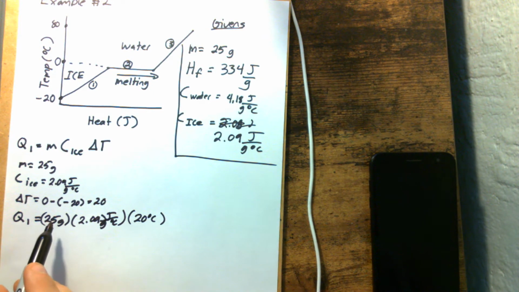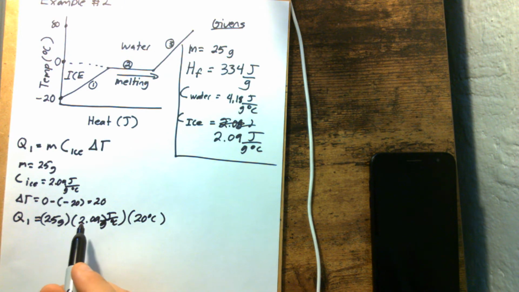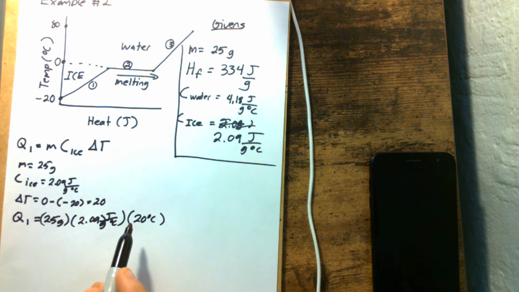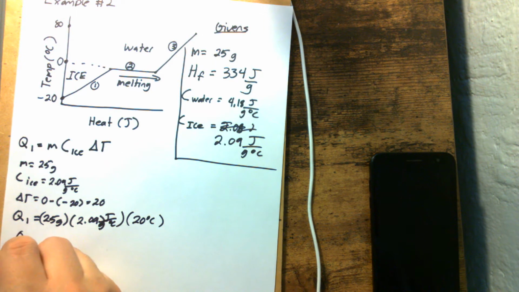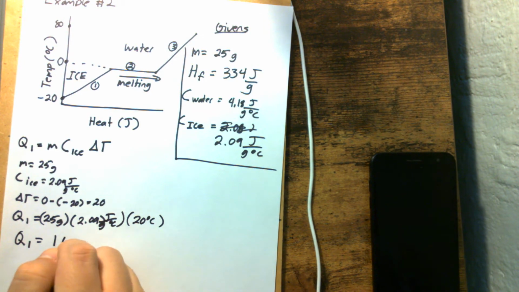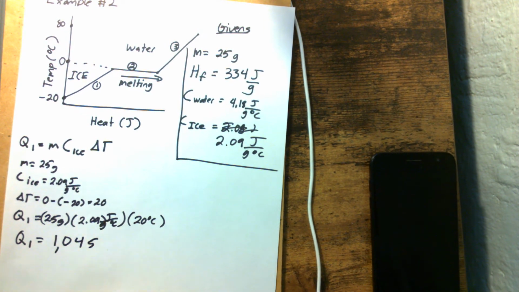So we multiply this together, we get 25 times 2.09. So we should get Q1 is equal to 1,045.